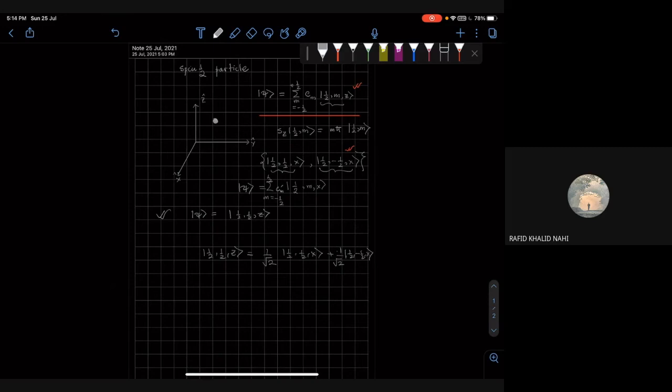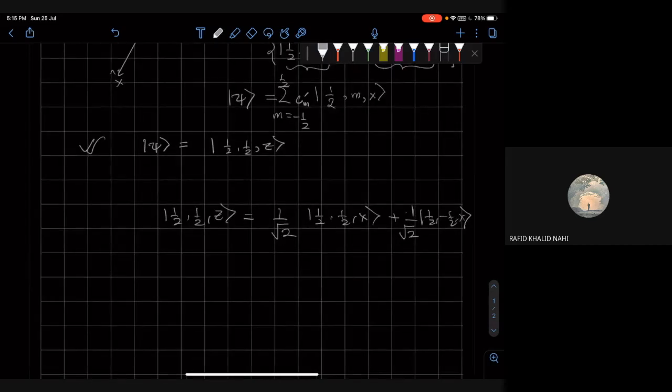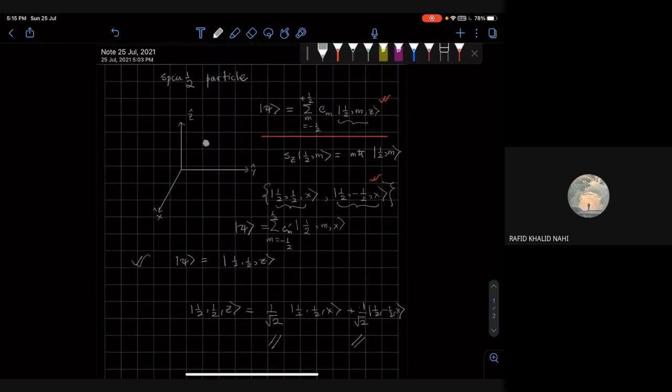What do you think? Are they the same? No. Because these are the Cm primes, right? And they're different from this case.